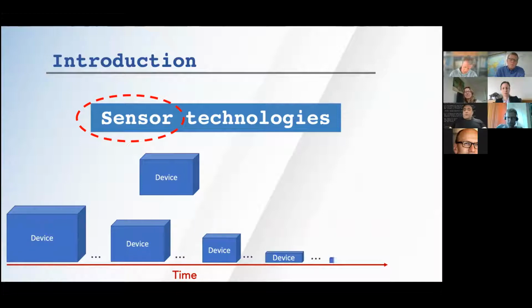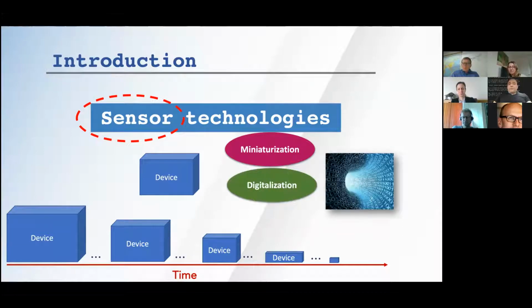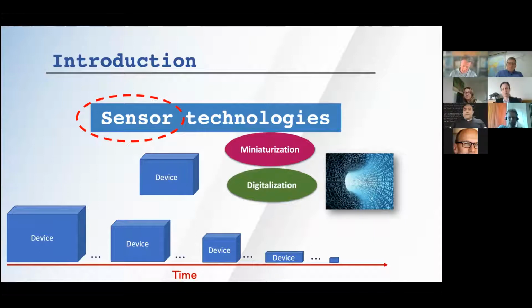Through time, there has been progress in the sensors. Miniaturization happened, and it means that the devices are getting smaller and smaller with better performance and better capacity. Another trend, so I'm talking about the key trends in sensor technology, is digitalization.